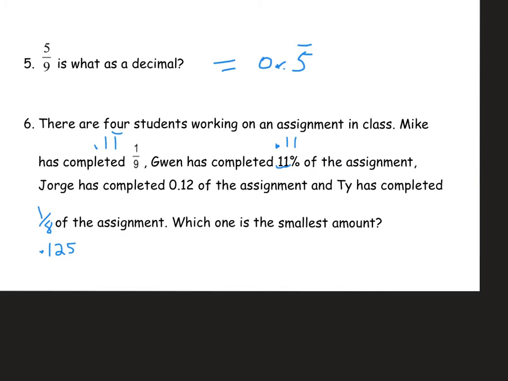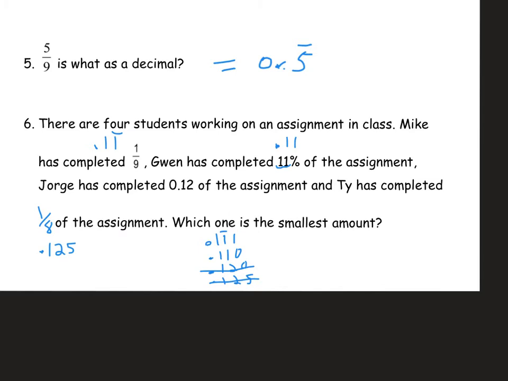So I think it's important here, since I have a repeating decimal, to actually take the time to line these up. So 0.11 repeating, 0.11 just stays as is, it terminates, 0.12, and 0.125. Well, I can tell by just looking at my place value, and this is a repeating one, so it continues, that I can eliminate these two students, Ty and Jorge, because they have finished more of the assignment than Gwen and Mike.